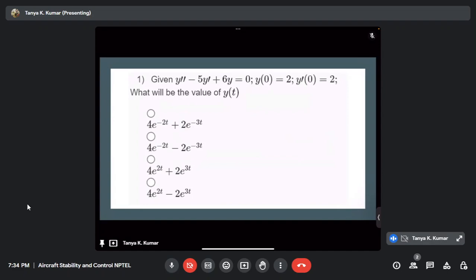I'll give you maybe a couple of minutes to solve this and then we'll solve it. I think it's similar to your assignment question, so it will be helpful.